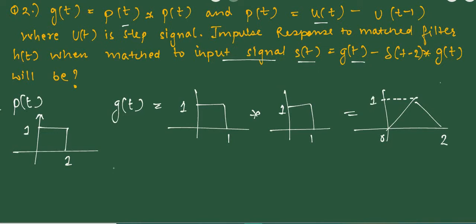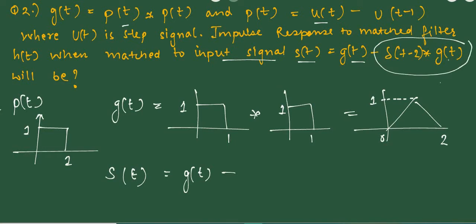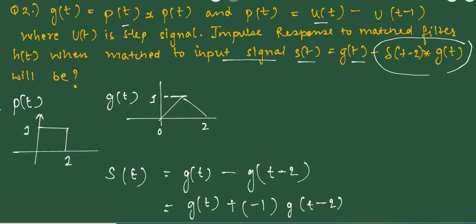And the s(t), this input signal, is g(t) minus. Now we can solve this because this is a property of the delta function, so it will be written as g(t-2). So g(t) and g(t-2) means there is a signal which is added with g(t) with an amplitude of minus 1.